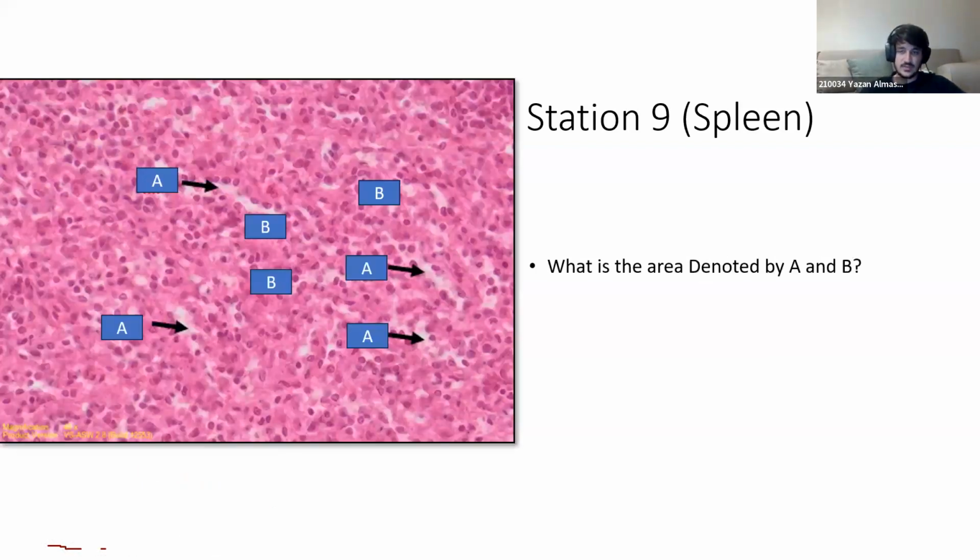Can you identify what's this? If A is sinus, what is B?